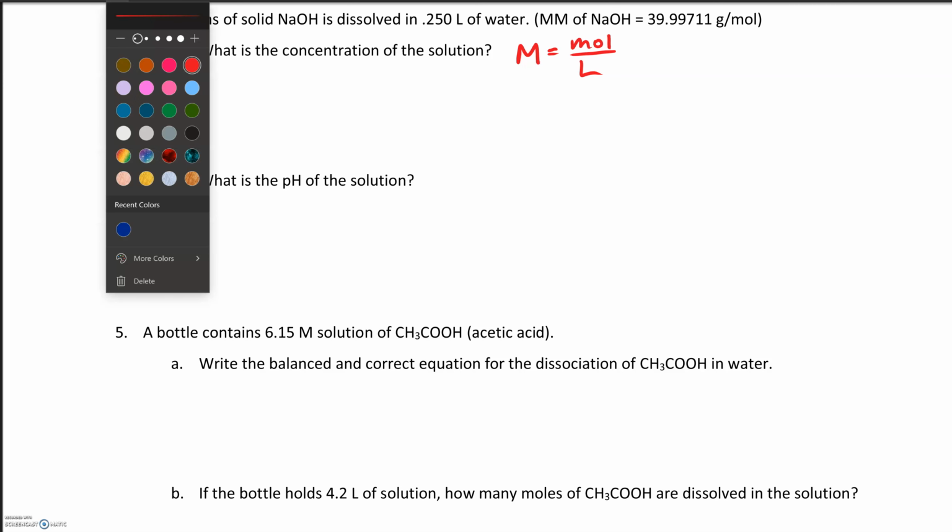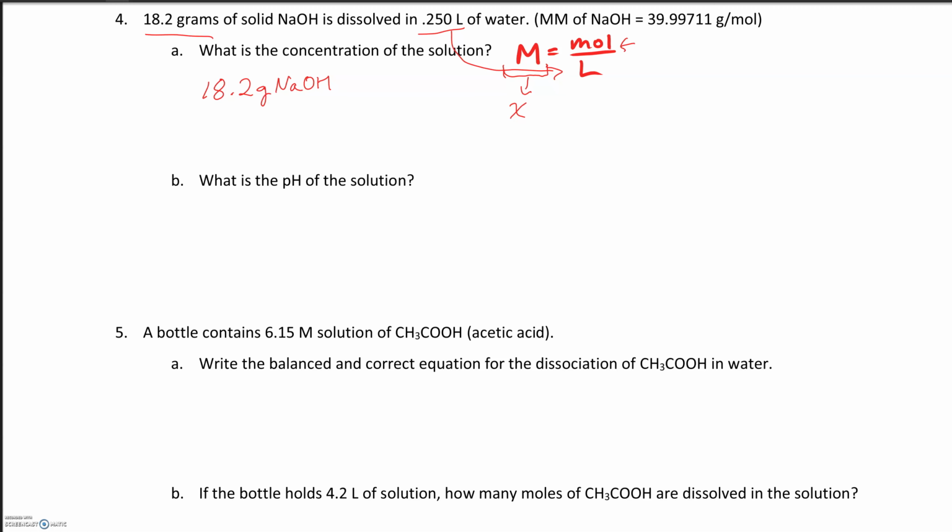Okay, so we're going to use 18.2 grams of NaOH. Now, here's the thing. We have our volume component, we have our liters, and this molarity right here is our X component. However, we do not know what the mole is currently, but we have been given grams, which means all we need to do is convert grams into moles.